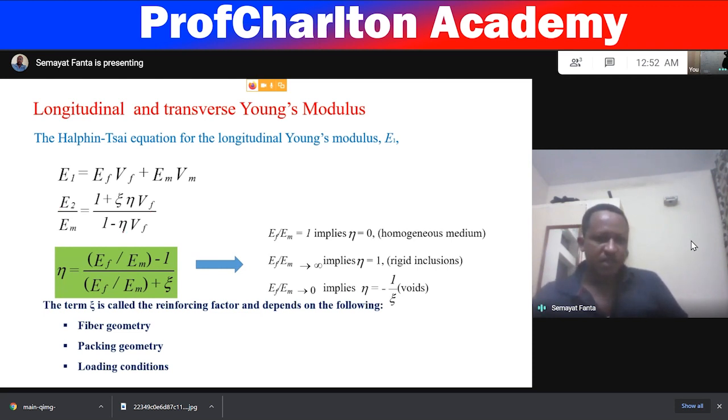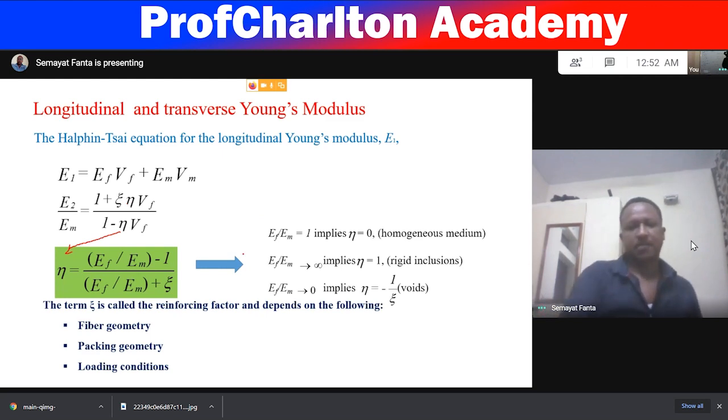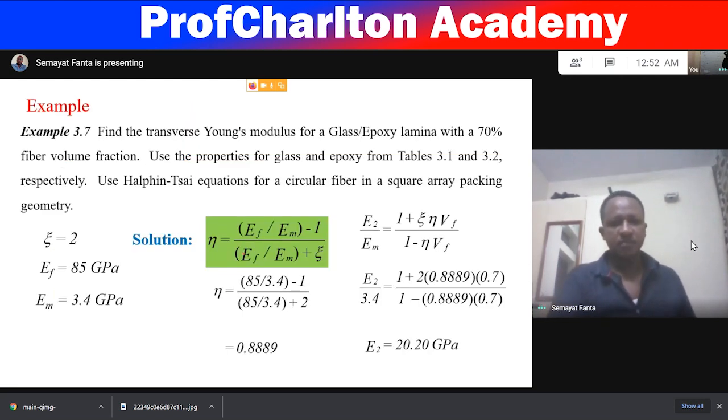So in this we have some other parameters. This parameter is given with this formula. And this zeta is the reinforcing factor, depending on different parameters like fiber geometry, packing geometry, and loading condition. So we can take some parameters relating to these two.